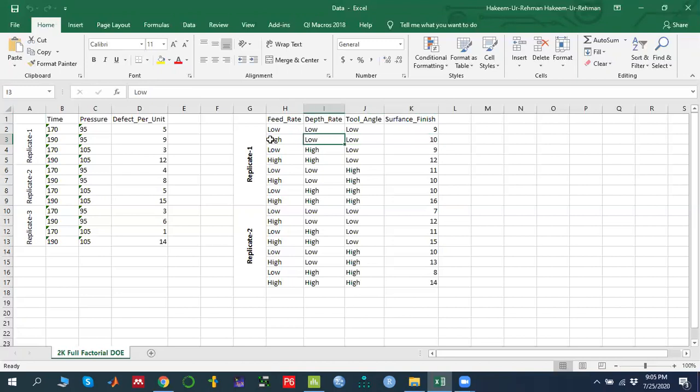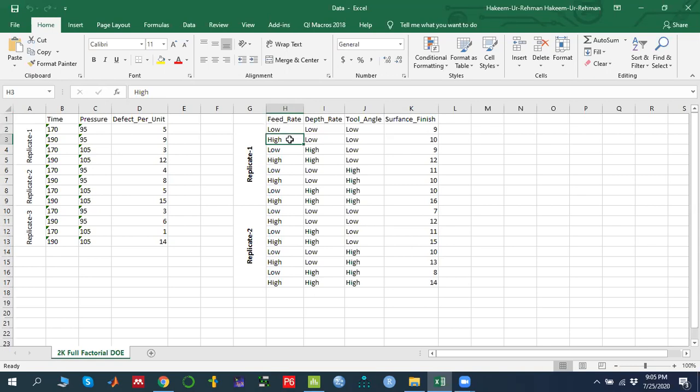Remember that in this particular example, as well as the one we discussed earlier, we are considering the factor levels as text. That means the value would be either low or high, whatever you have decided.